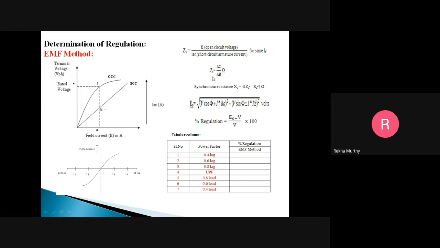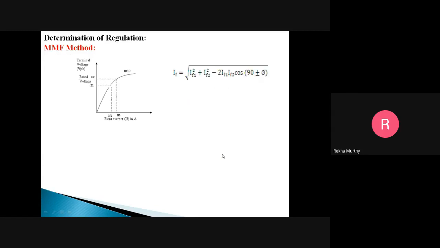So this ZS is nothing but the value AC divided by the AB value. So this value will give you the ZS, and XS, that is the synchronous reactance, can be solved by square root of ZS square minus RA square. So we can get the value of XS. This is how we can solve the regulation.